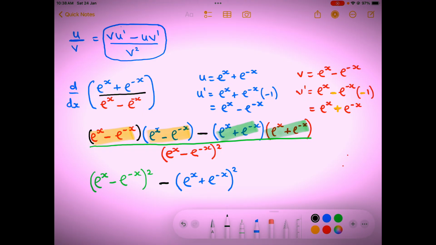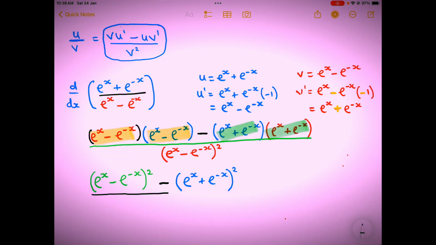Now from here I divide everything by the denominator, which is e to the power of x minus e to the power of minus x, close the bracket, all squared.